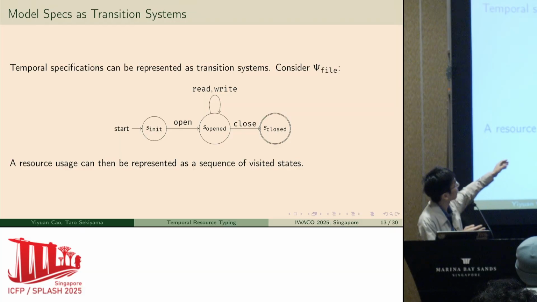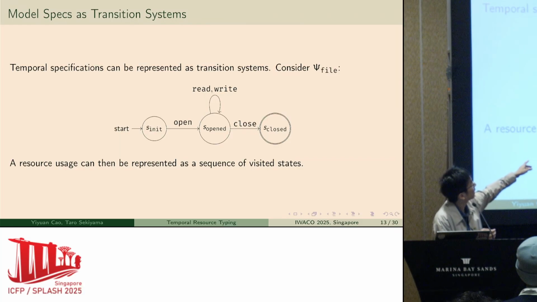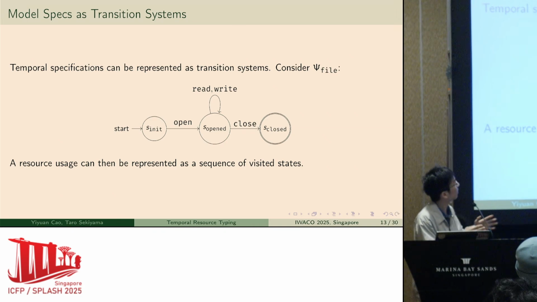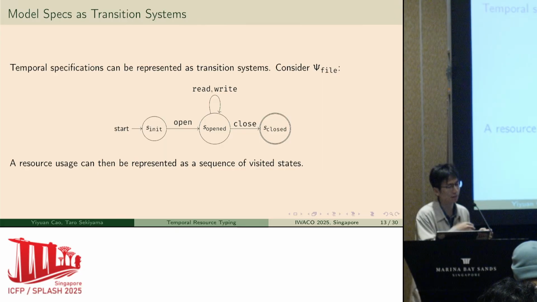It specifies that a file starts from the initial state, init, and then you can open it to go to the second state, the open state. Optionally you can read and write finitely many times, and finally you should call the close operation to go into the double-circled accepting state, the closed state. In this way, by modeling temporal specification as a transition system, a resource usage can be represented as transitions between the sequence of visited states.